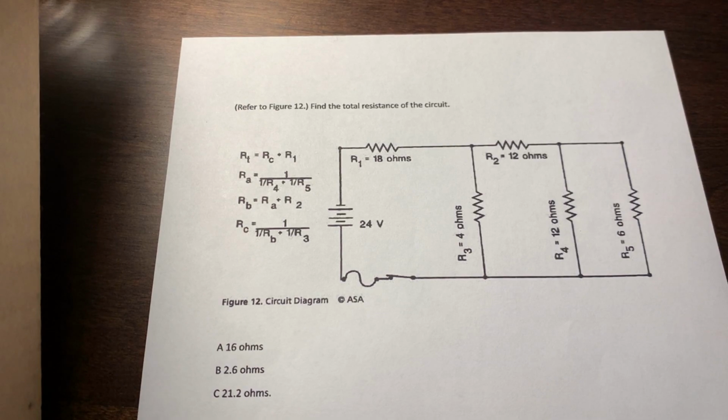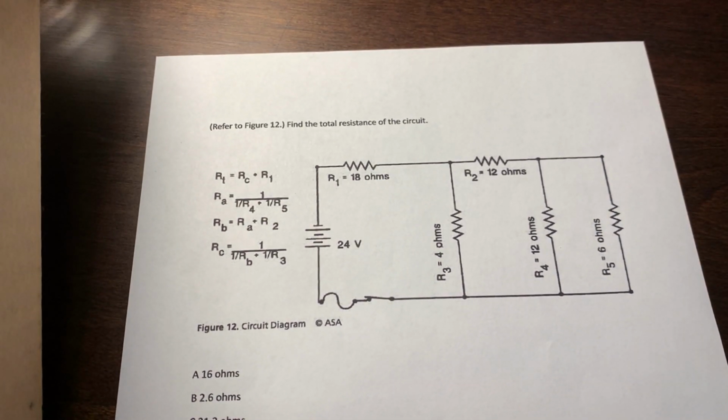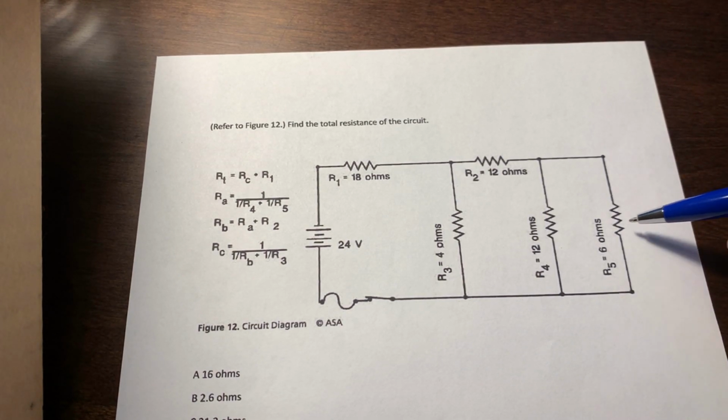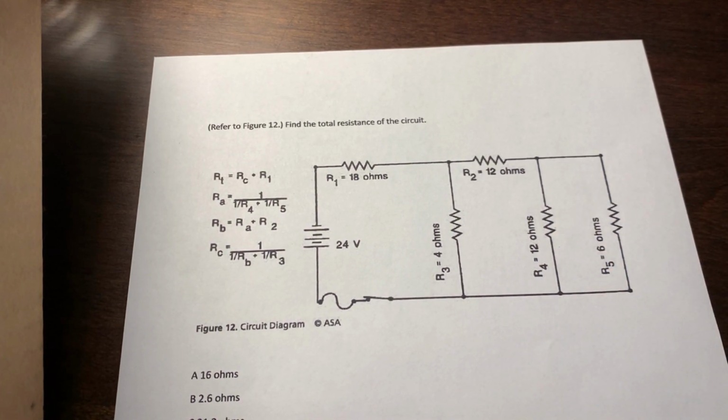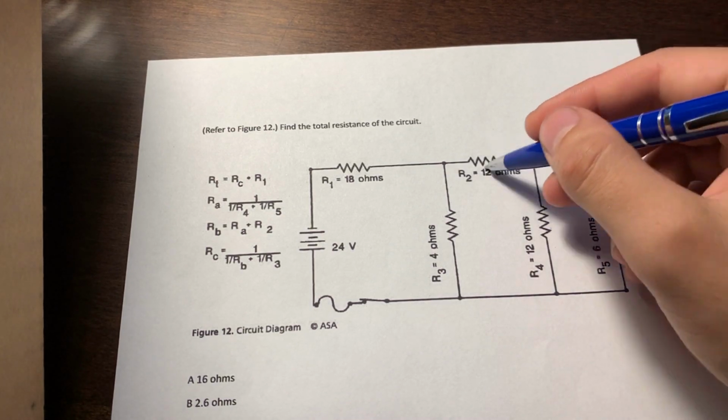Find the total resistance of the circuit. To find the total resistance, we're going to have to combine some of these values. We can start by combining these two parallels and make them in series with R2.